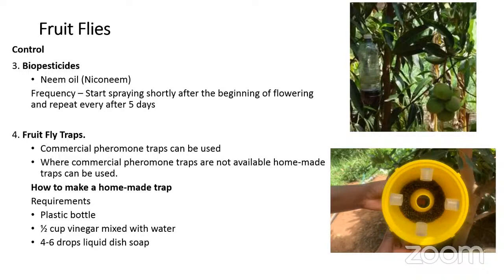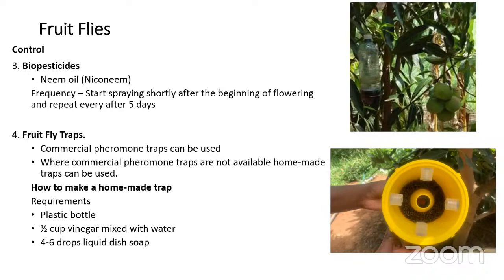Where you don't have commercial pheromone traps, you can actually make your own homemade trap. And the requirements are: one, a plastic bottle, probably for mineral water. Then half a cup of vinegar, which is mixed with water in the proportion of 1:1 or 50%.